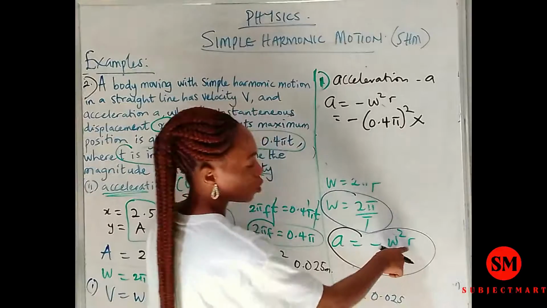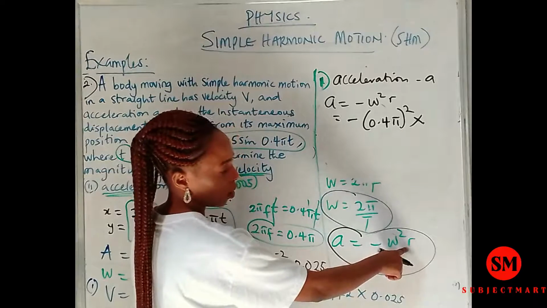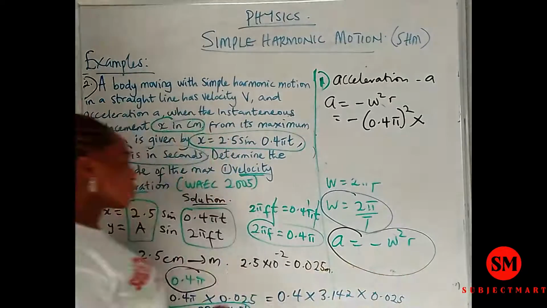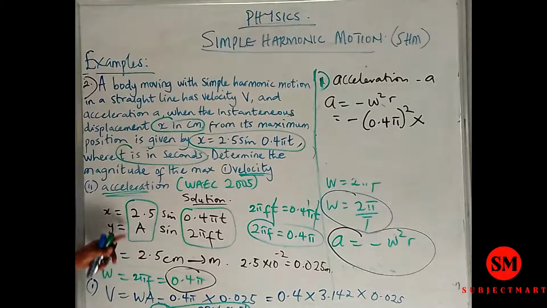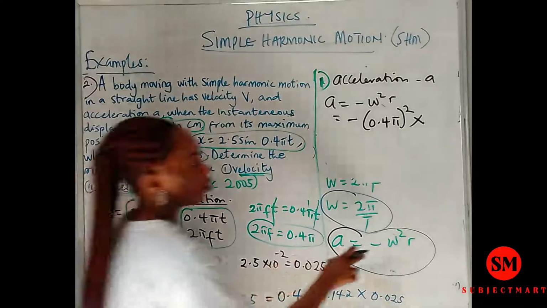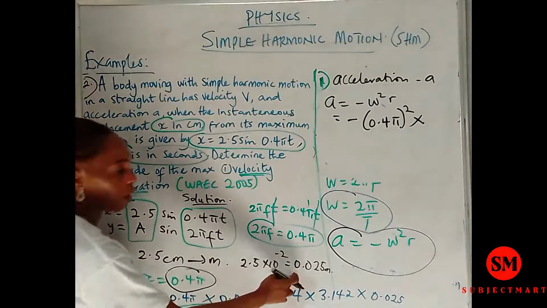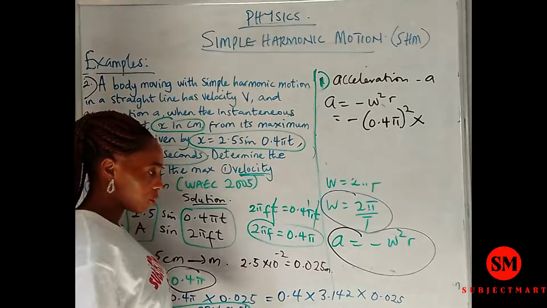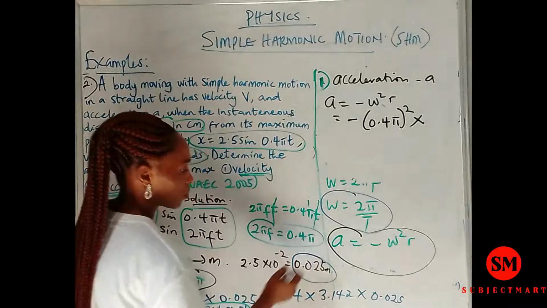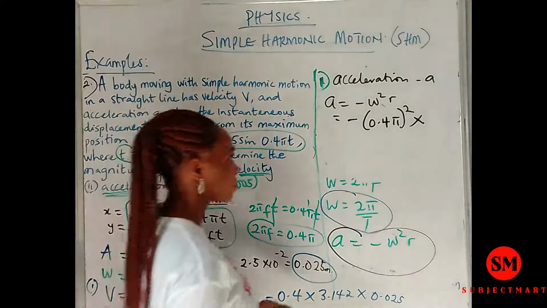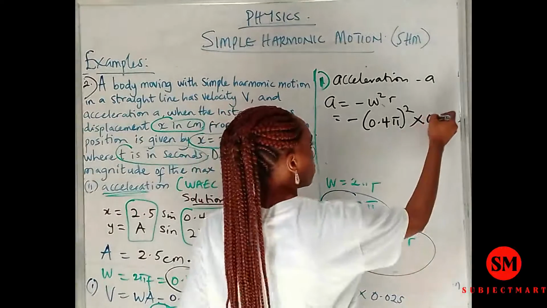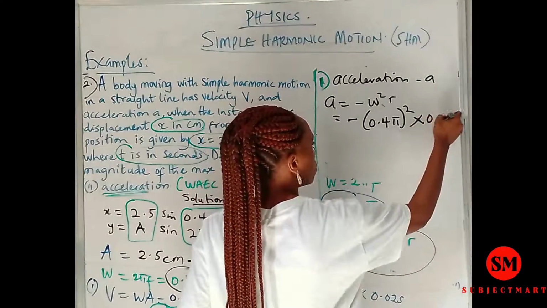I told you earlier that we could use r or A. In this case, we are not given r, but we are given A. So I'm going to use the value of A, which is the amplitude that we found previously, 0.025.